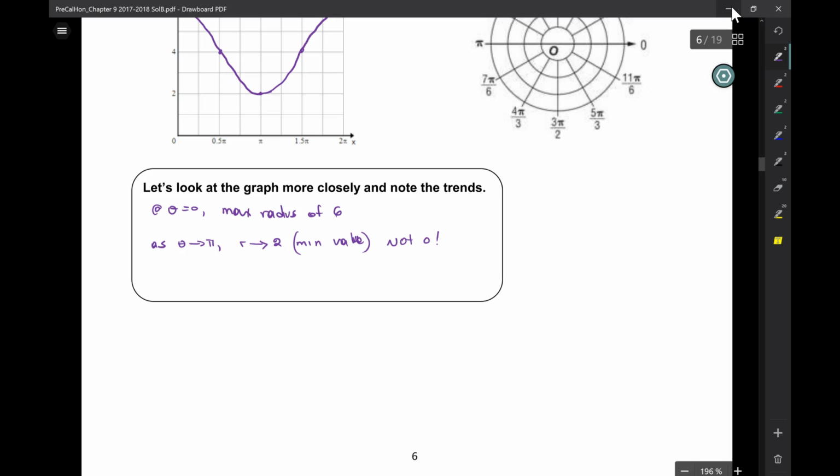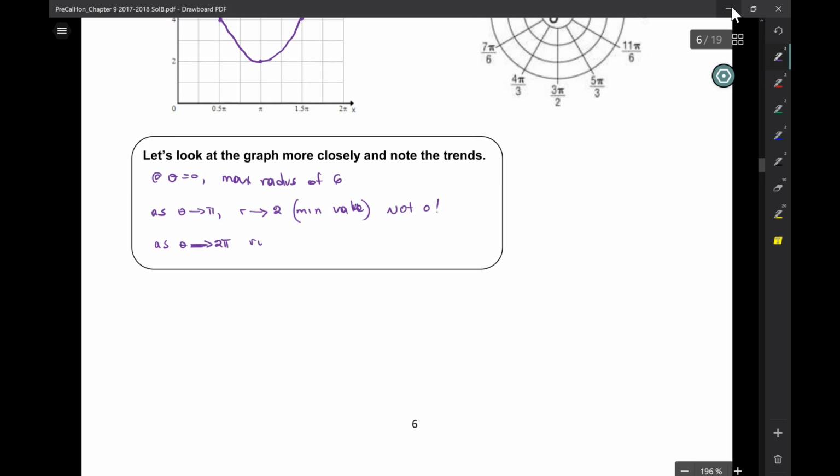And then what happens as theta approaches 2 pi? Radius increases again to a maximum of 6.